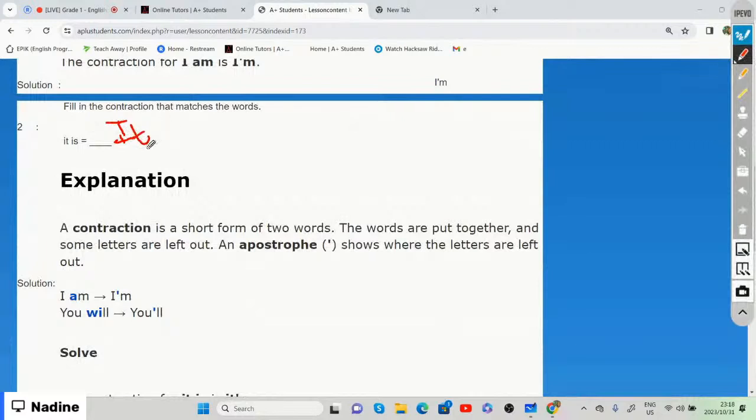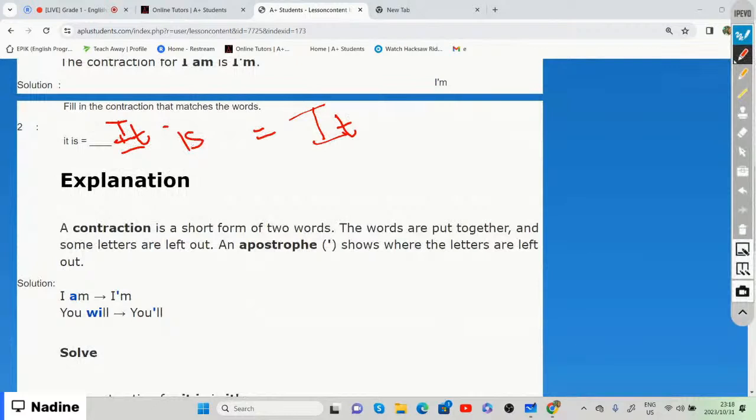So is will be where we are going to remove a certain letter.